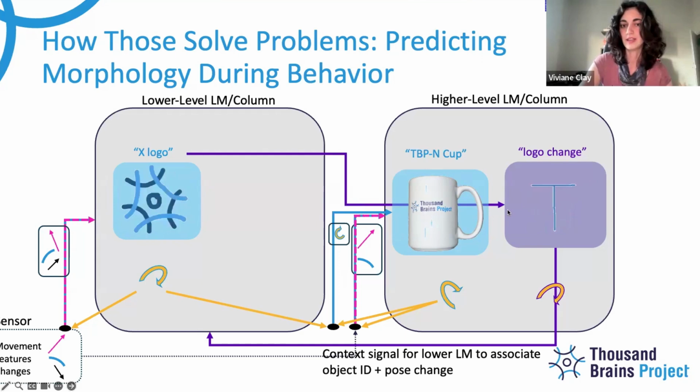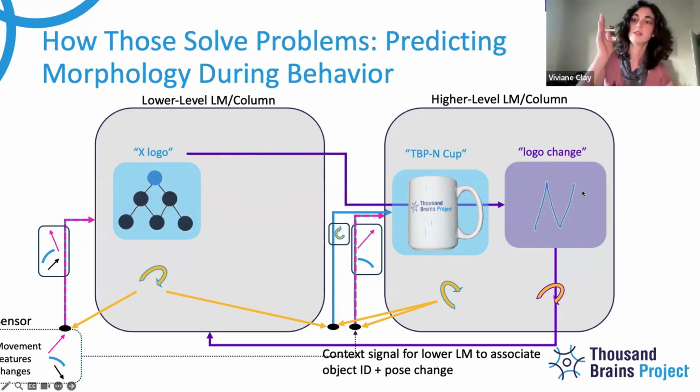The change between these two object IDs from the lower level column would be modeled in the behavior model up here. That model would learn the temporal frequency of when it changes back and forth, and that it changes. This behavior can then also be used as a feedback context signal for the lower LM to know when to predict which logo at what orientation.